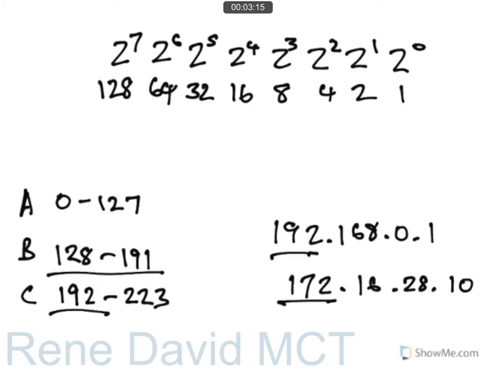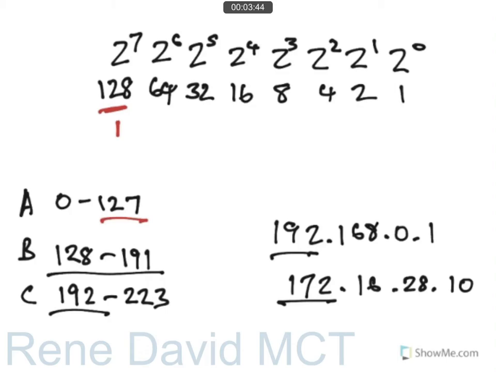Now, it looks like it's very difficult to actually remember this, but it's not at all. Very simply, your class A starts at 0. Your class B starts at 128. Obviously, if class B starts at 128, class A is going to end at 127. Class C starts at 192.